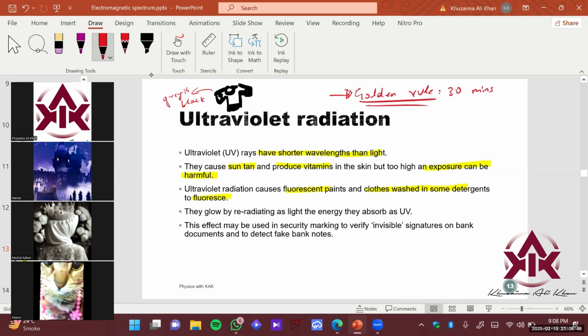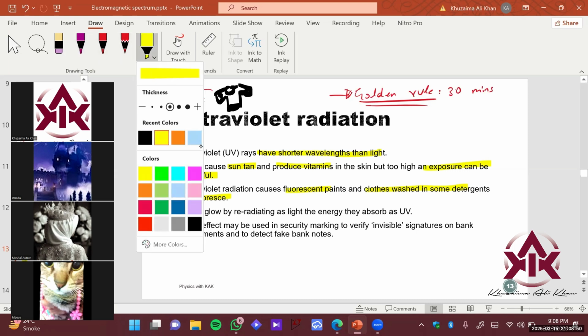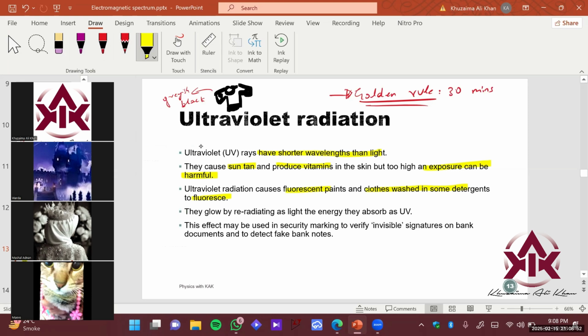Again, a drawback of UV. It fluoresces and diminishes the color. What happens is the shirt absorbs UV light and it disrupts the color particles of the shirt, and it leads towards fluorescing of the color over here, right? And they glow by re-radiating as light, okay, because there's UV over here.